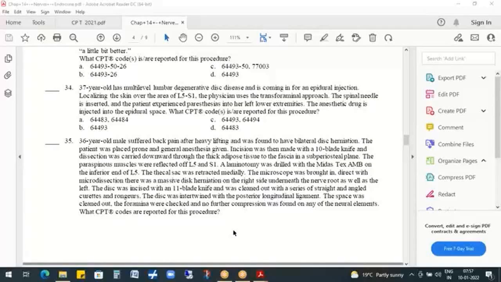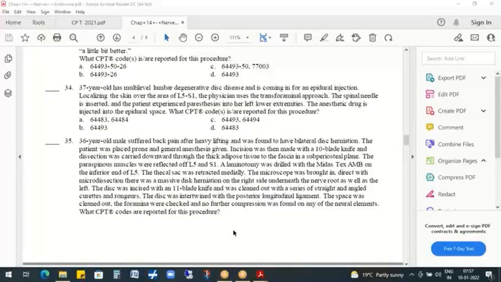If we go for 64493 or 64494, that is MBB. 93 is MBB. Option A is two levels, but how many levels are performed? One level. What is your answer? Only one level. 64483.